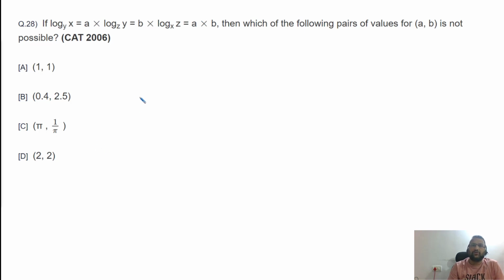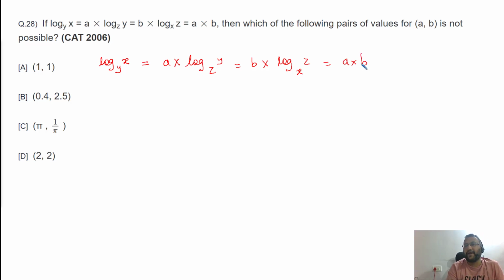The given equation is log of x to the base y is equal to a, into log of y to the base z is equal to b, into log of z to the base x is equal to a into b.